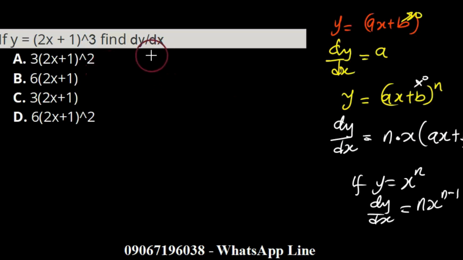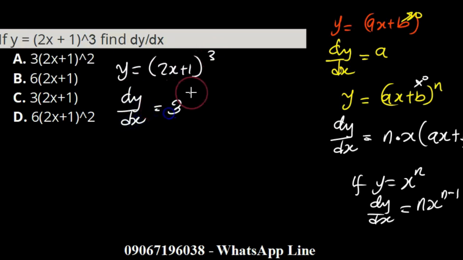So if we apply the concept here, if y equals (2x + 1) raised to the power 3, then dy/dx is going to be 3 times the derivative of 2x, which is 2, and the differentiation of 1 is 0, so that is gone, then (2x + 1) to the power 3 minus 1.